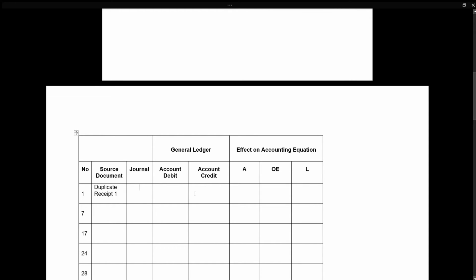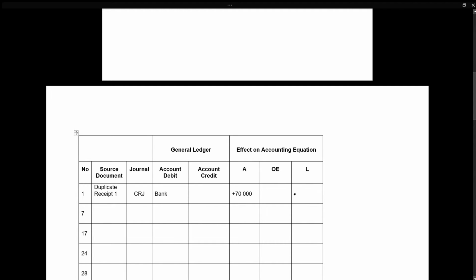The business is receiving money, therefore the journal will be a cash receipts journal. The account being debited, remember we determined it with the T account, will be bank. Bank is classified as an asset, and assets increase in the debit side. Therefore, let's go and show this influence on the assets. So assets will increase with 70,000 Rand.